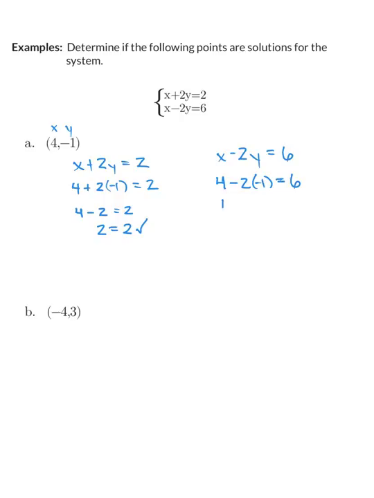So we get 4, -2 times -1 gives me +2. I want to know, is this equal to 6? 4 plus 2 is 6, which is equal to 6. So it is also a solution to the second equation. Since it is a solution for both, then (4, -1) is a solution to the system.